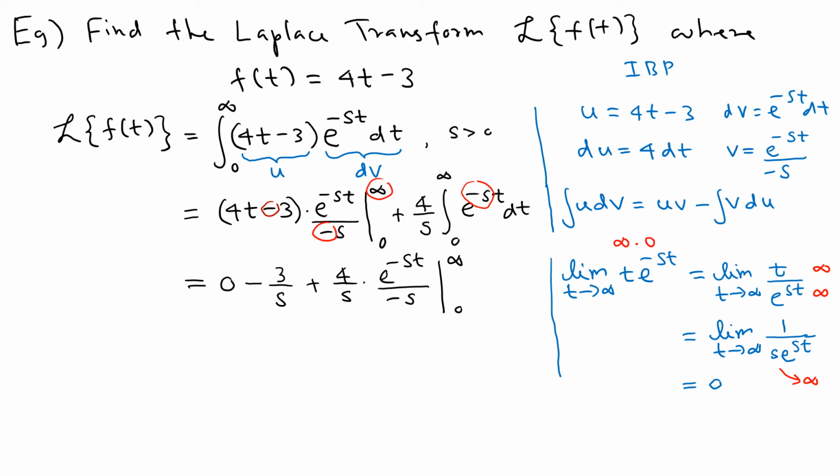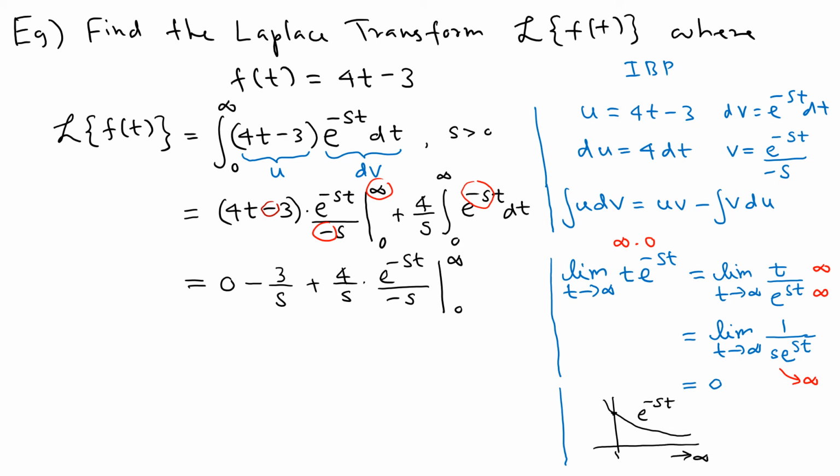If you look at the graph, it looks like this. It's going to go like that. That's what happens to the e to the minus st function, because we assume that s is positive. So when t goes to infinity, it's going to go to 0. Perfect.